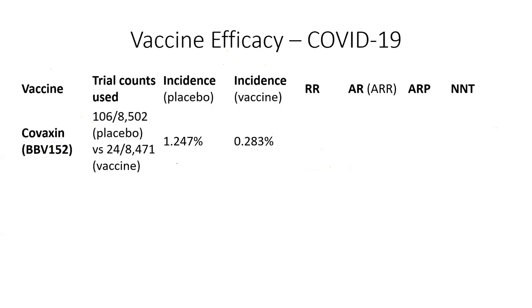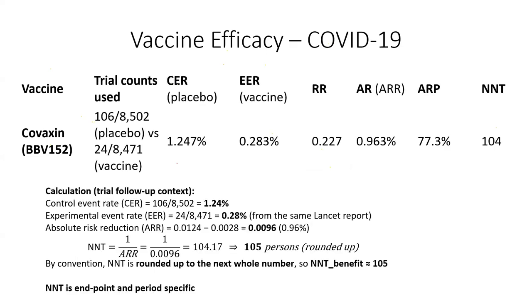And therefore, if you have values about, say, Covaxin, you have the incidence in the vaccinated group and the incidence in the placebo group, you should be in a position then to calculate relative risk, attributable risk percent, as well as the numbers needed to treat. So what is numbers needed to treat here?